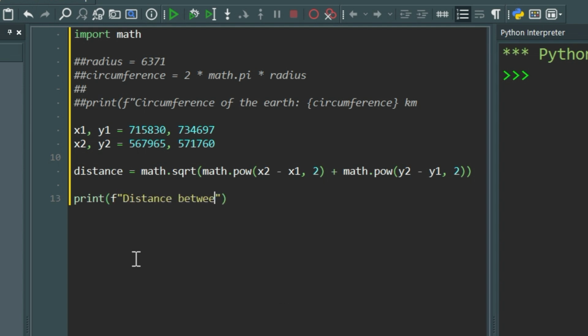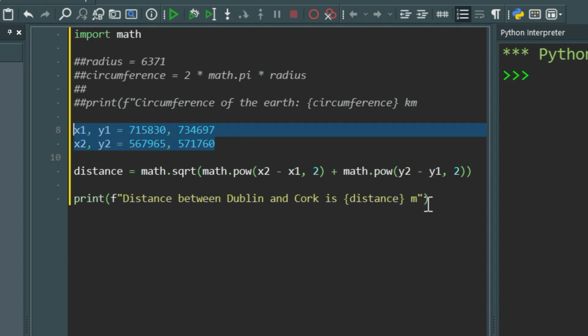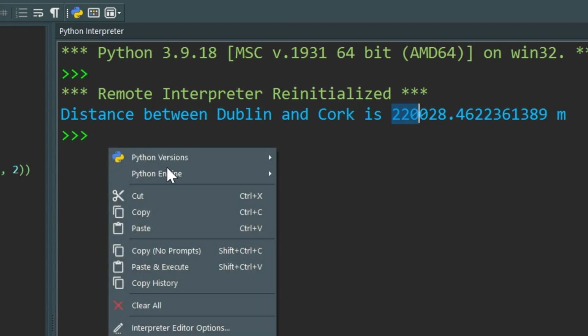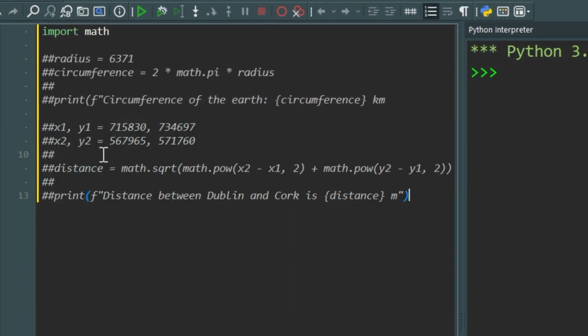Distance between Dublin and Cork is distance, and that is in meters because our ITM is in meters. We'll click run, and we can see that the distance between Dublin and Cork is 220,000 meters, so 220 kilometers. We'll clear the interpreter window and we'll take a look at another example.